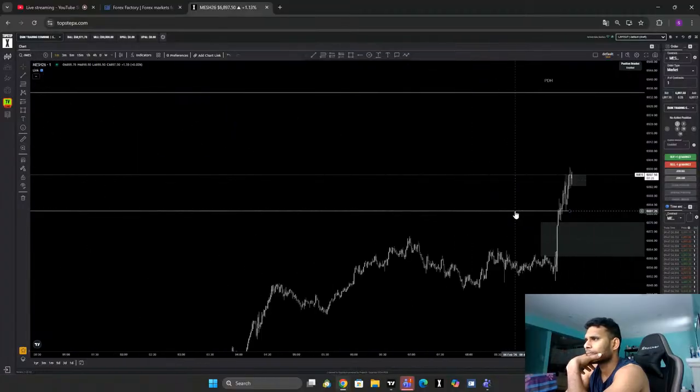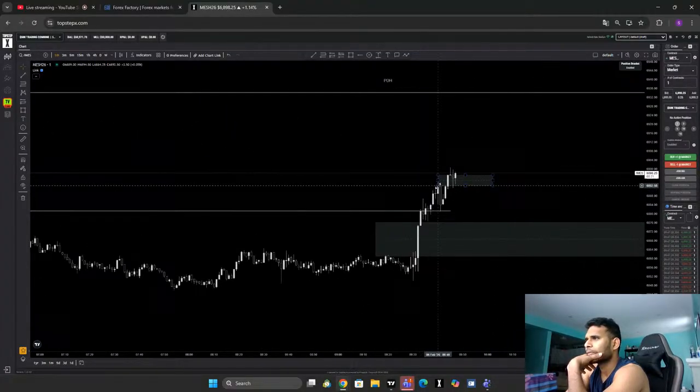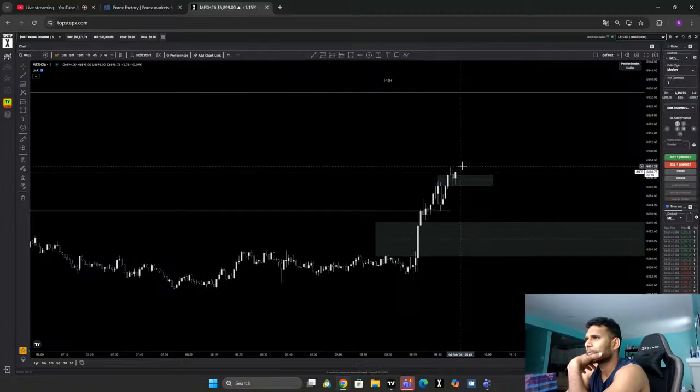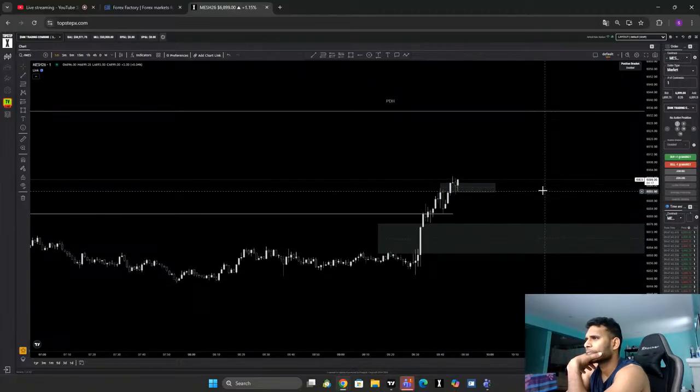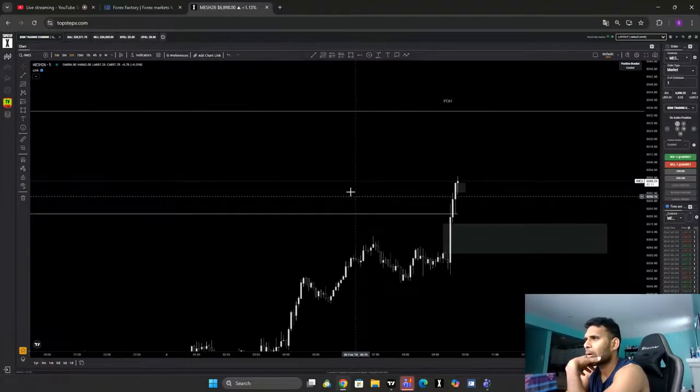Right to side, beautifully respecting this gap. So far, that's nice. That's nice.